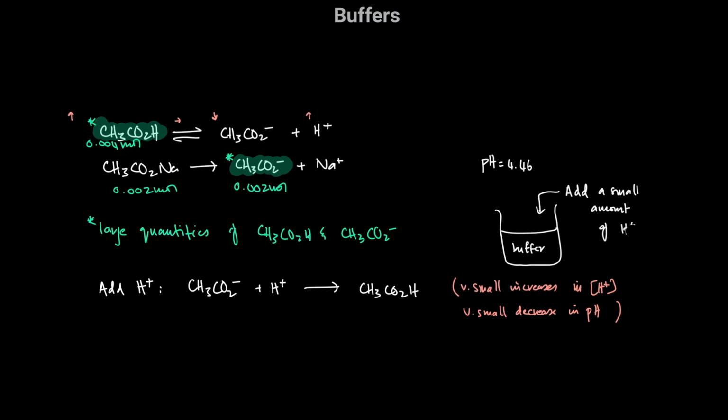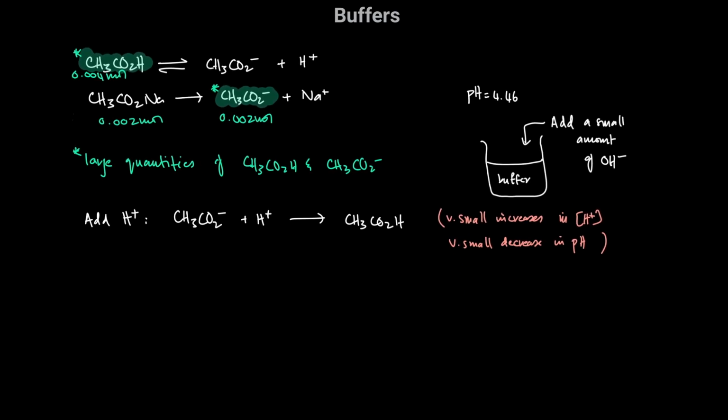Now the next question is how would this buffer solution resist changes in pH when a small amount of alkali is added? Let's say I add a small amount of hydroxide ions, like a small amount of sodium hydroxide or potassium hydroxide.